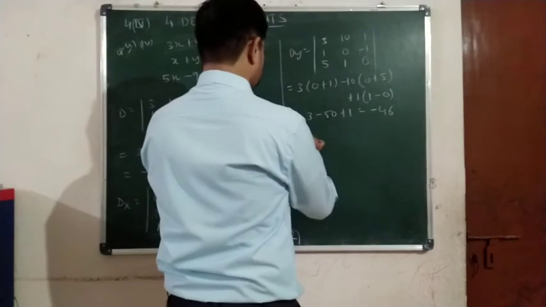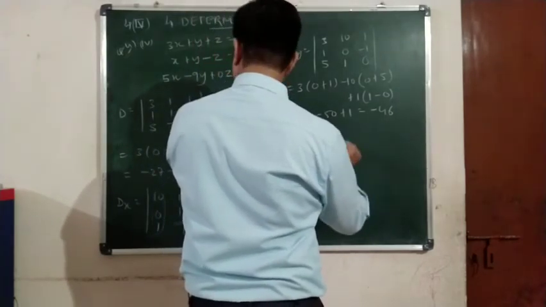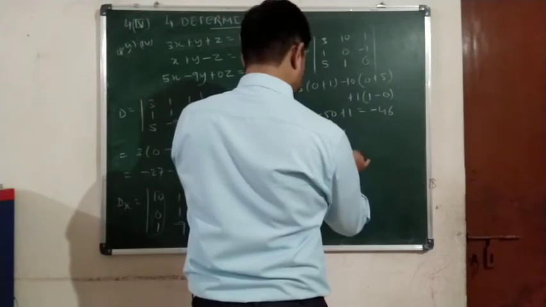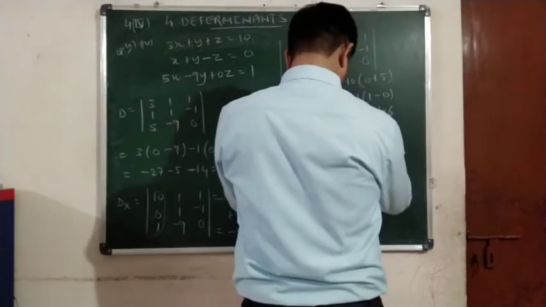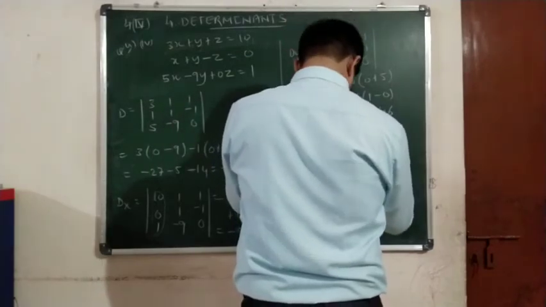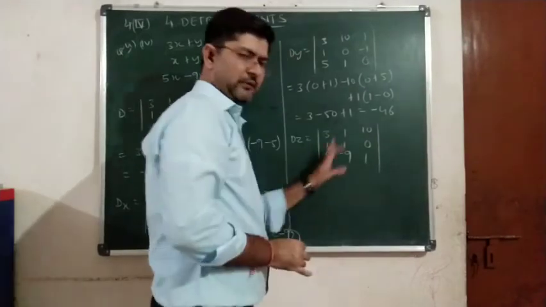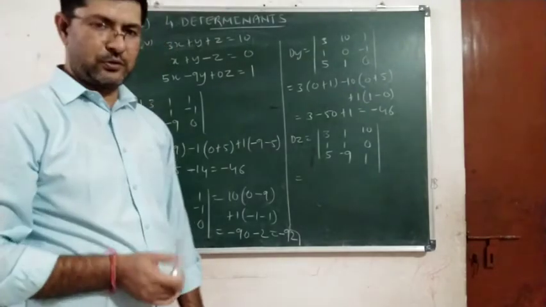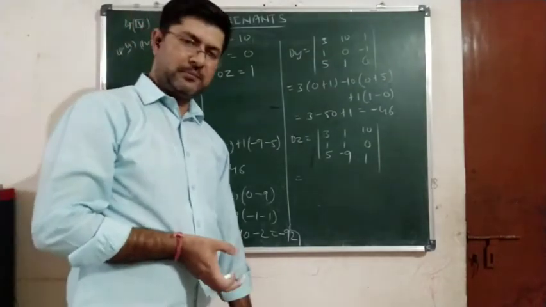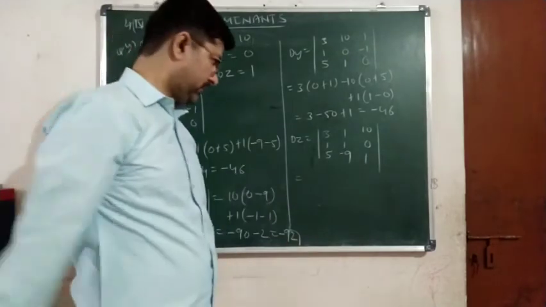Okay, so dy is minus 46. Now let us calculate dz. First and second columns as it is, 3, 1, 5, 1, 1, minus 9, and the third column will be replaced by the constants 10, 0, 1. You can expand along any row or column, yes or no?